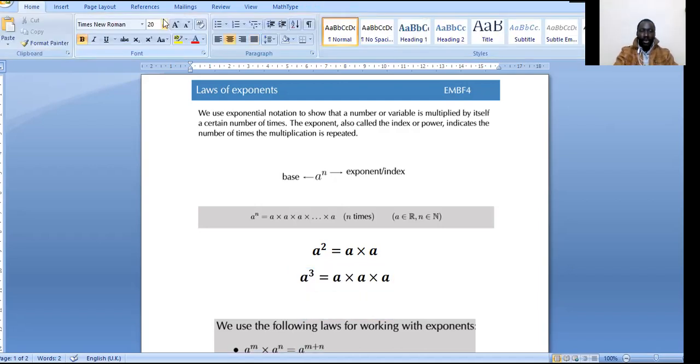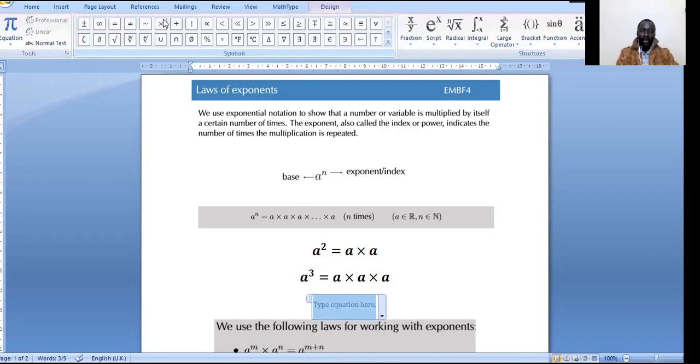Now, notice that in the examples we'll be looking at a little later, the multiplication sign can be changed and we can use a dot to represent multiplication. Meaning if we have a raised to power 5, in ordinary terms we can write it as a times a, a for the first time, second time, third time, fourth time, and a for the 5th time.